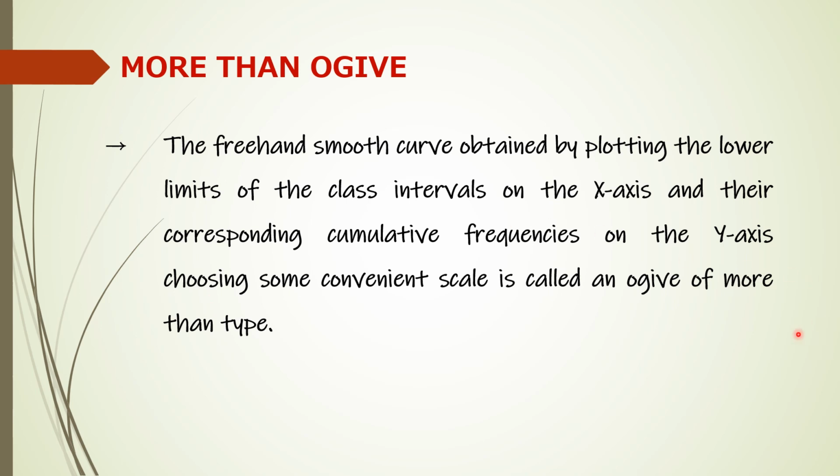Therefore, very importantly we have to remember what quantity we are taking on x-axis and what we are taking on y-axis. In case of OZ of more than type, we are taking lower limits on x-axis, whereas respective cumulative frequencies on y-axis. And more than OZ is a falling curve. Just now we have seen in the previous problem.